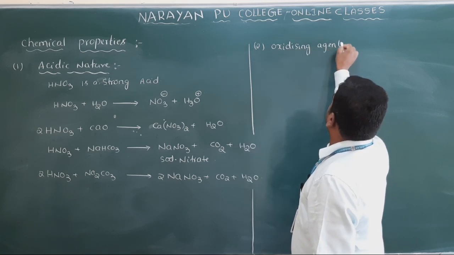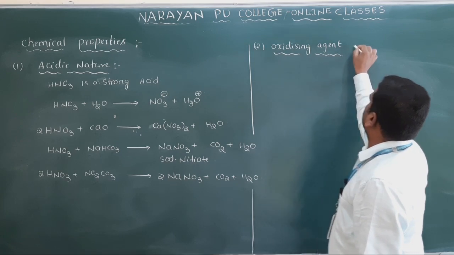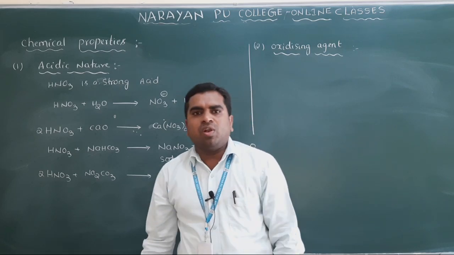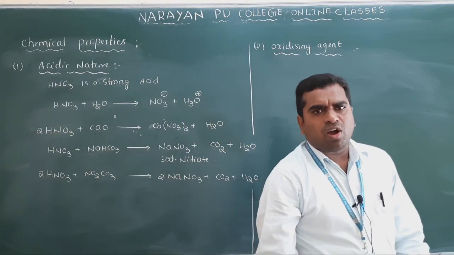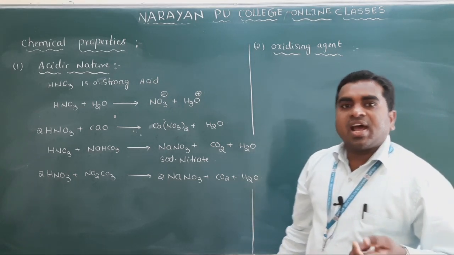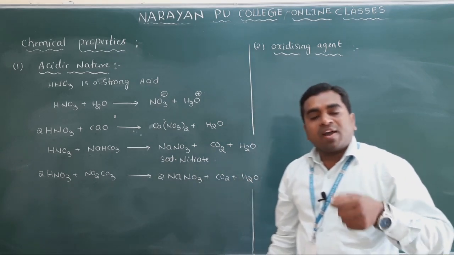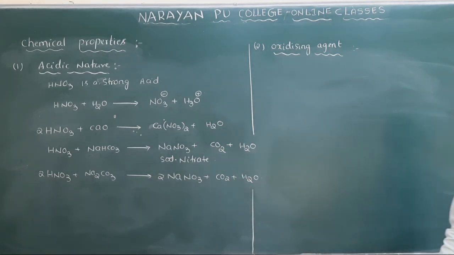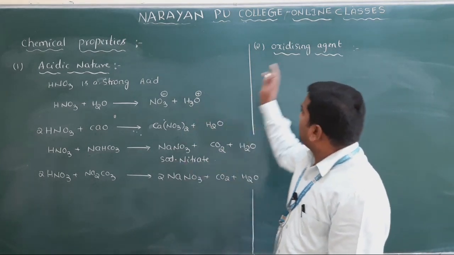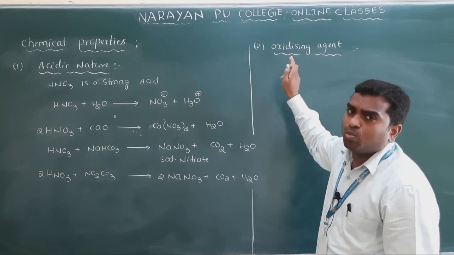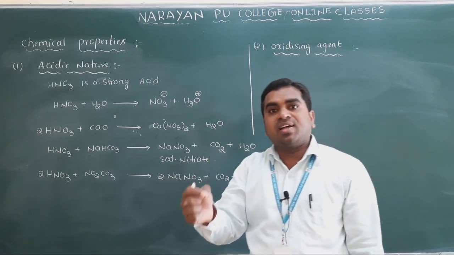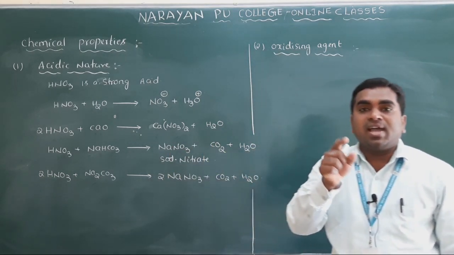HNO3 is a very powerful, very strong oxidizing agent, since it gives nascent oxygen in concentrated as well as dilute form. Concentrated as well as which form? Dilute form. Clear? Why? Because it gives nascent oxygen in the concentrated as well as dilute form.